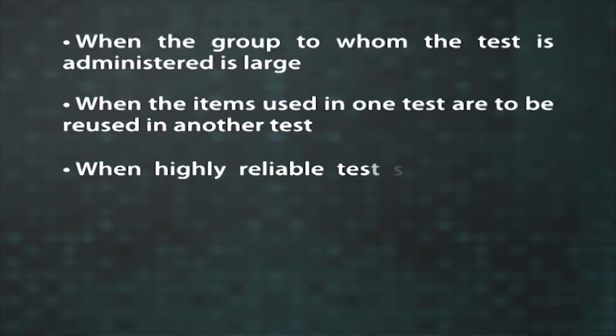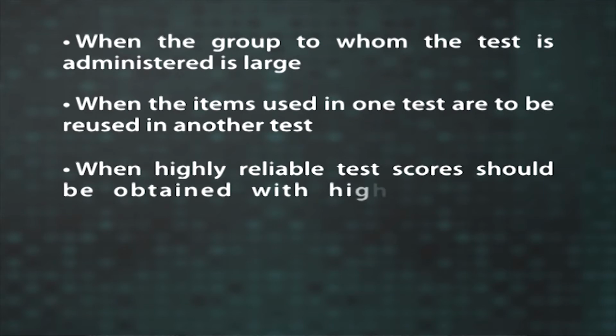When highly reliable test scores should be obtained with a higher level of efficiency. Since the scoring of objective type questions is done using a fixed and accurate scoring key, the results obtained from the test are more accurate and reliable. Some tests used in educational settings, such as admission tests and aptitude tests, require that the scores are highly reliable and not subjected to personal biases of examiners.